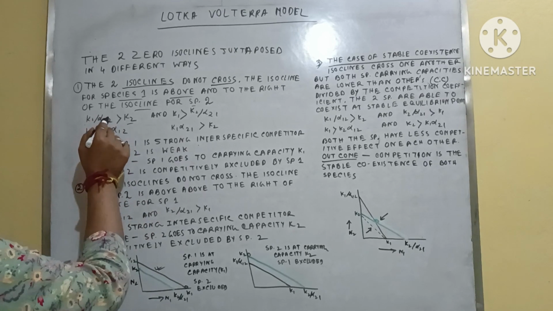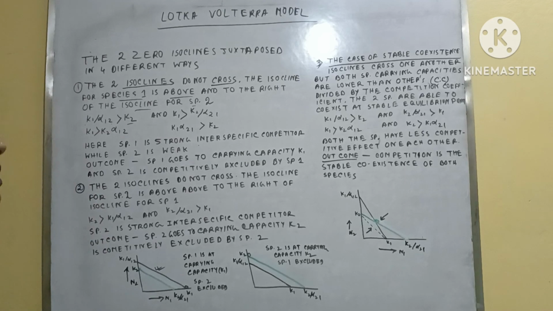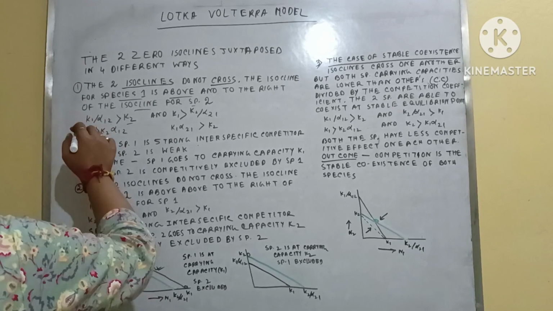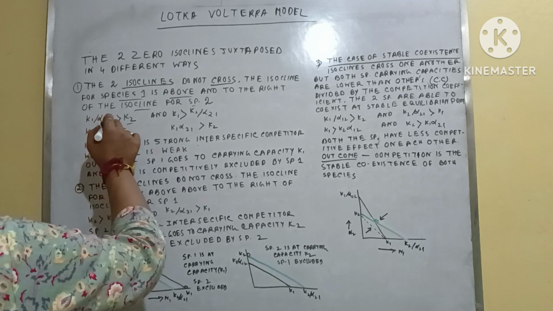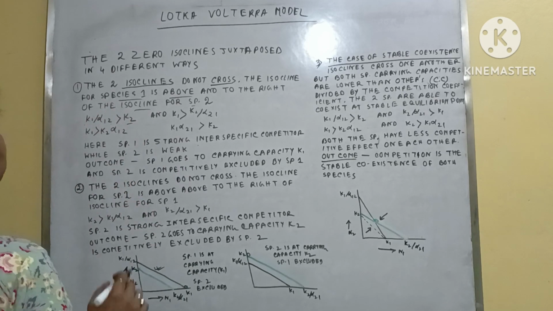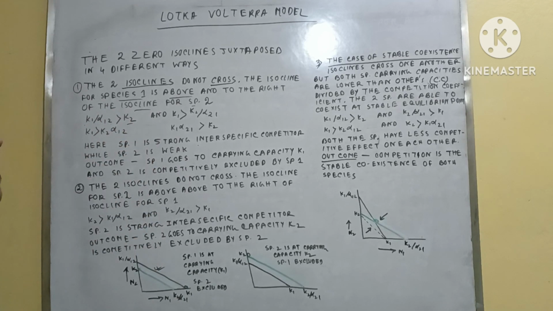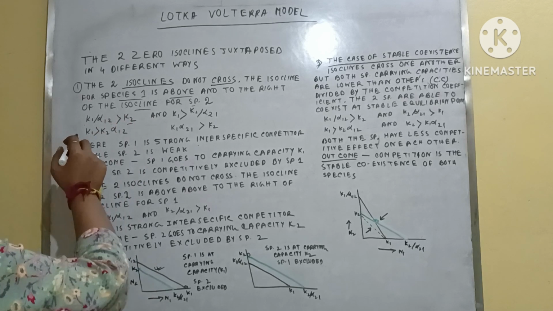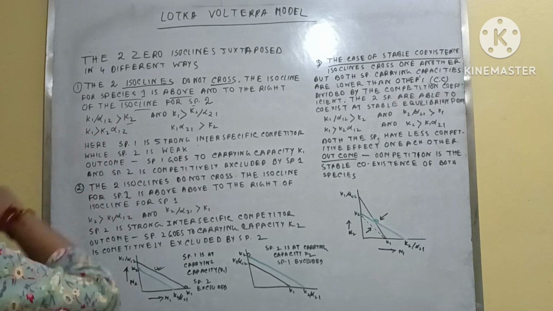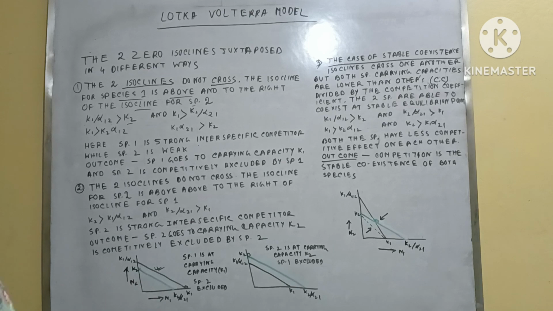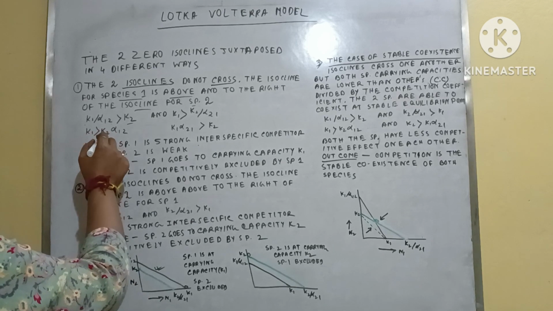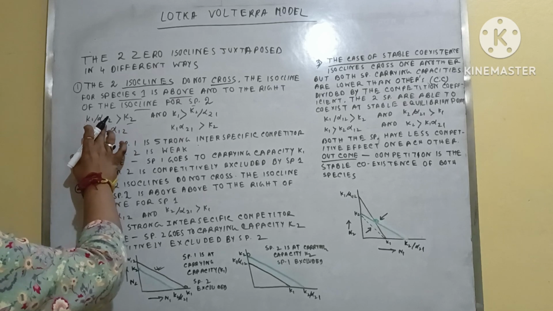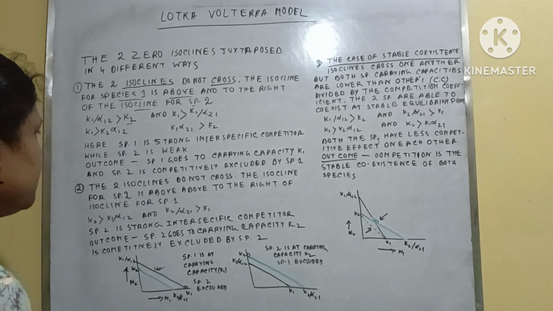So alpha 12: 1 for species 1, 2 for species 2. K1 by alpha 12 is greater than K2, the carrying capacity of species 2. If you rearrange this, you can see that K1 is greater than K2 times alpha 12, just cross multiplied.